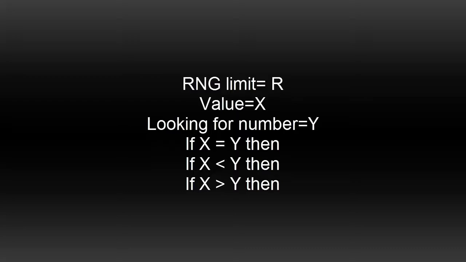If the chance value is, say, 2, and the limit for the random number generator is 10, then there's a 1 in 10 chance, which means it's a 10% chance that 2 will be the number. Versus if the limit was 100, there's only a 1% chance that it will be there.